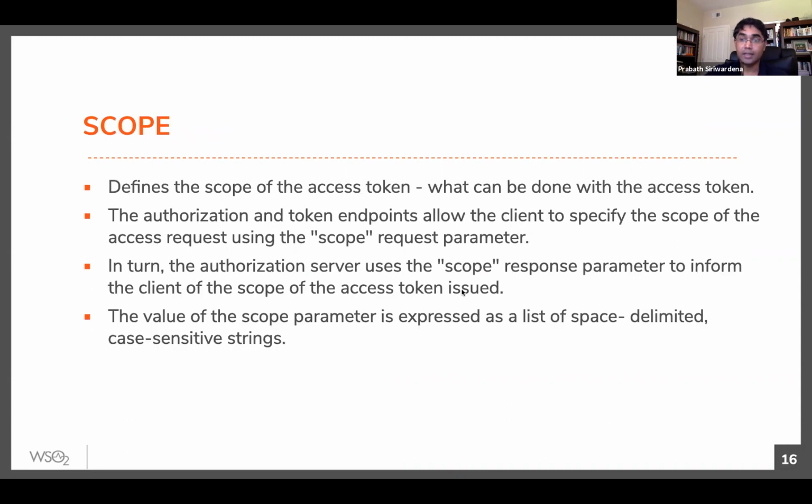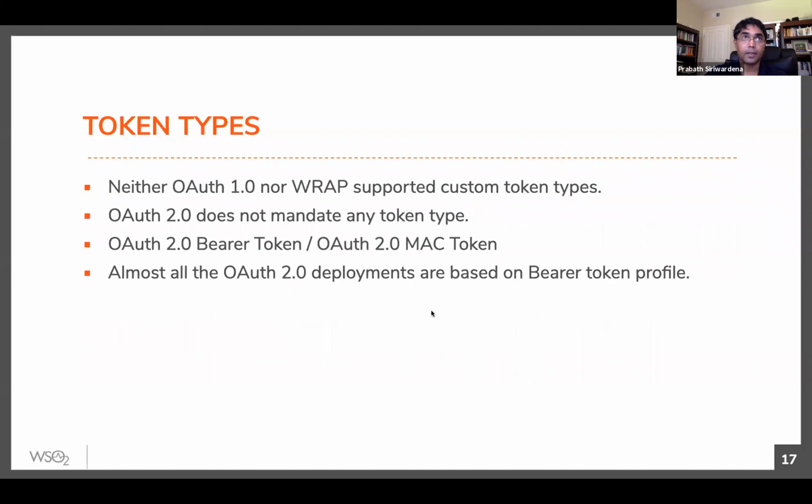Then scopes we discussed. Scope is a way to define or attach the purpose for an access token, right? Then token types. It's another extension point in OAuth 2.0. Most of the OAuth implementations you see today use the bearer token type. A bearer token is like cash.